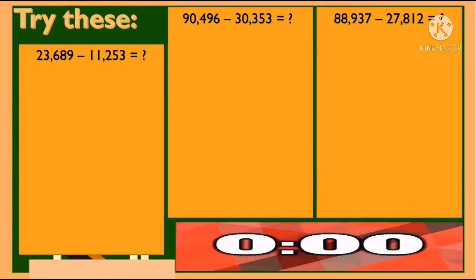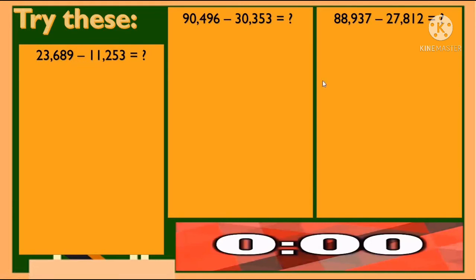Ready? So the first number is 23,689. The symbol is minus. Very good.